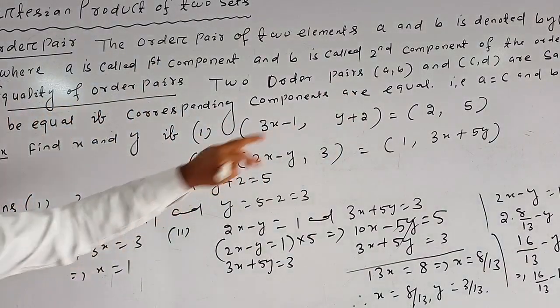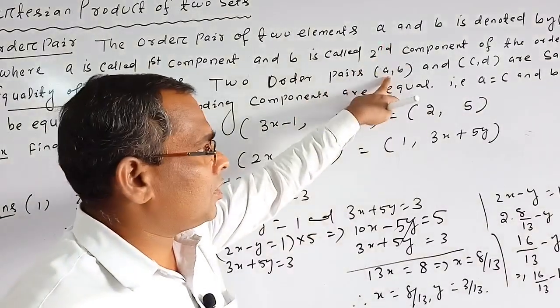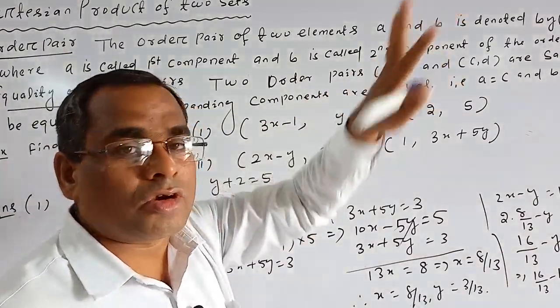So ordered pair (a, b) or ordered pair (c, d), these are not a set.